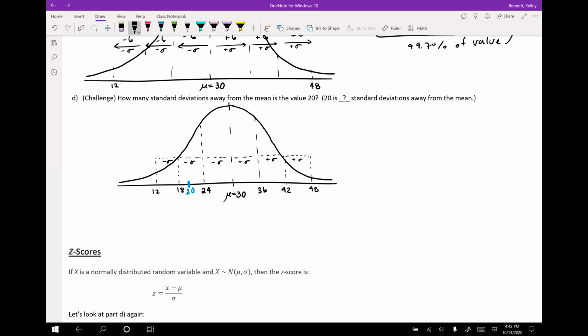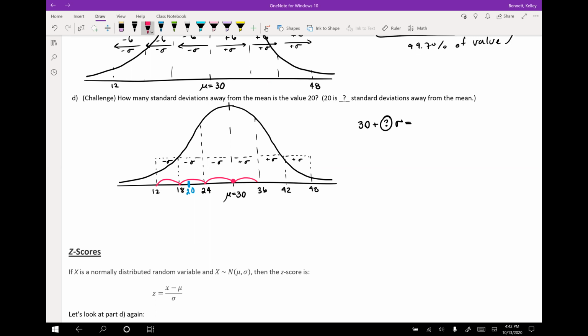Well, let's think about it. If I start at 30 and I add a certain number of standard deviations, right? So this represents starting at 30, and then I'm moving in terms of standard deviations, right?